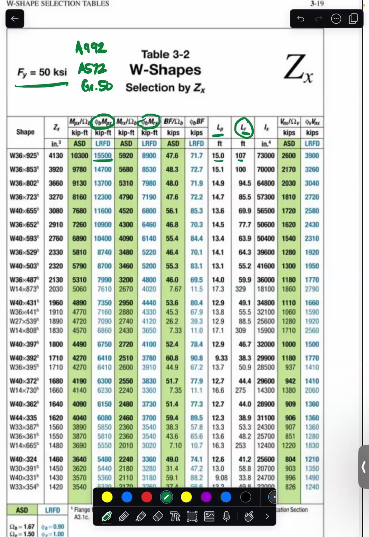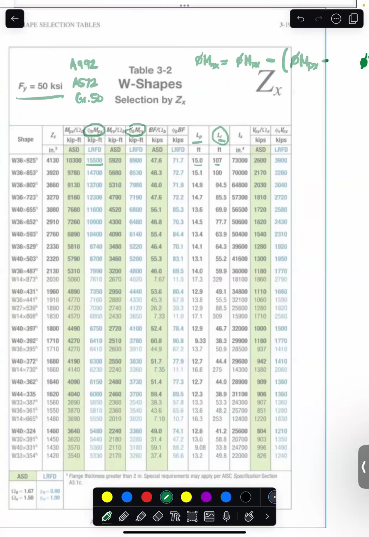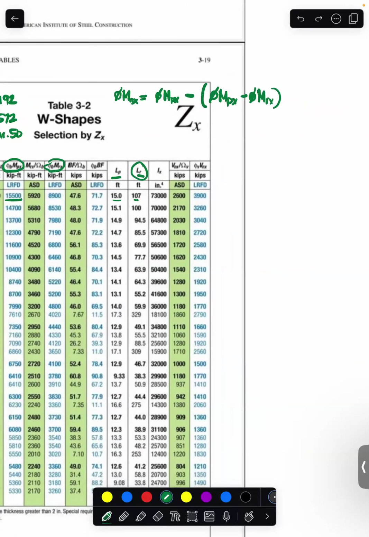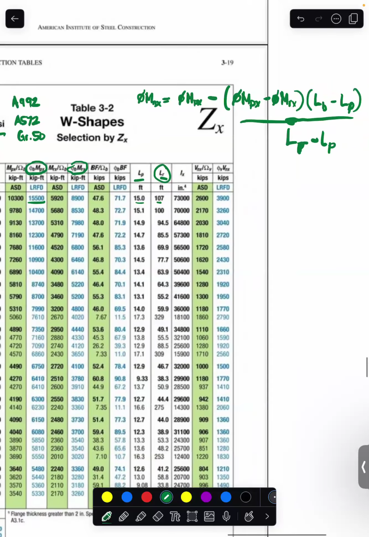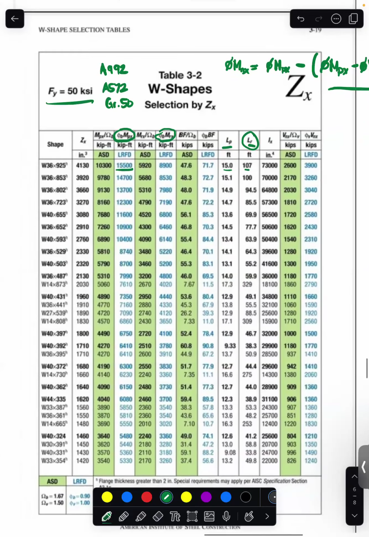So dahil meron ka ng M sub PX, M sub RX is essentially equal to M sub PX minus M sub RX, multiplied by L sub B minus L sub P divided by L sub R minus L sub P. So, lahat ng kailangan mo na parameters para makuha yung inelastic LTB dito na sa table 3-2.